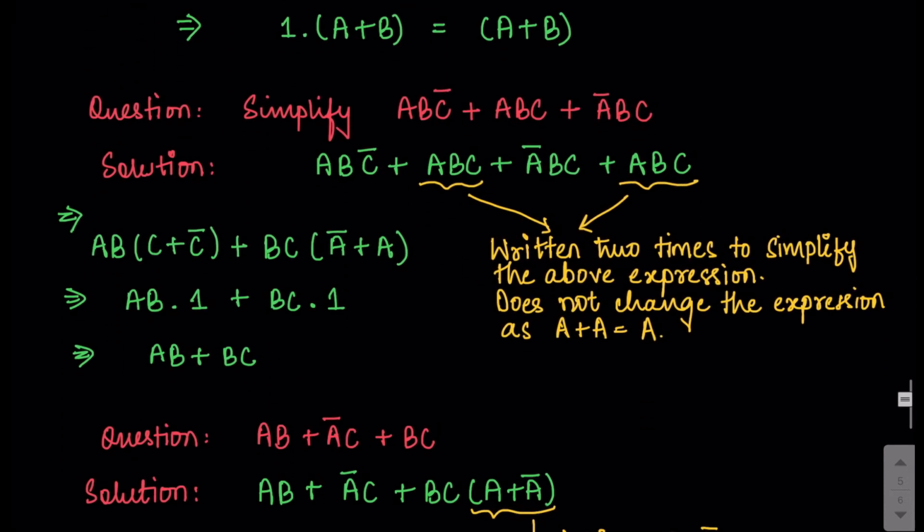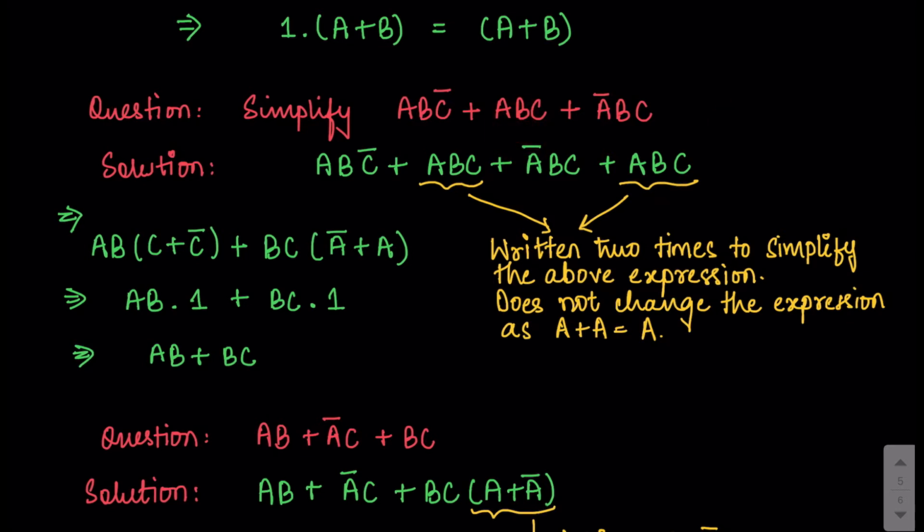Then we have another example which says let's say we have a b c bar + a b c + a bar b c. Again, when we look at it at first, maybe we can see that we can take ab common from the first two terms, but we have a trick for you: sometimes you need to write down one term more than one time.